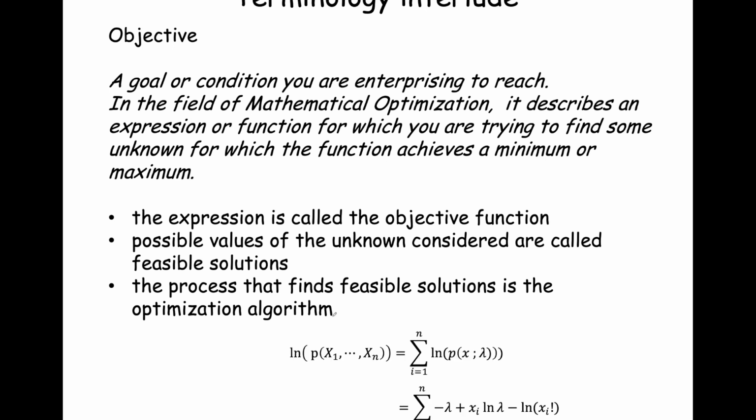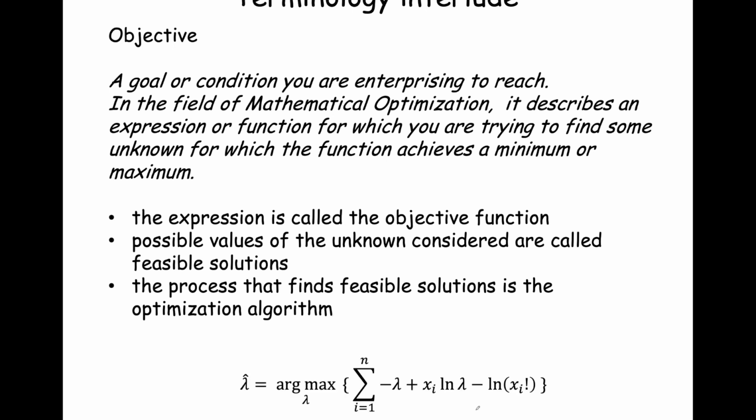So this is our objective function. Mathematically, we want to find some argument, some setting of lambda, that maximizes this expression. You'll see this in the literature: we write argmax over lambda, the argument we're calling lambda that maximizes this expression. That result we're going to call lambda hat.